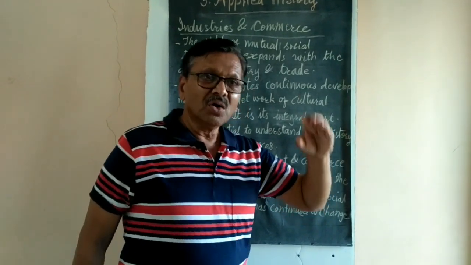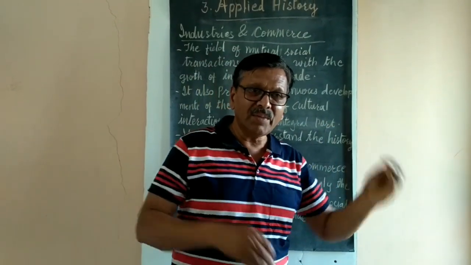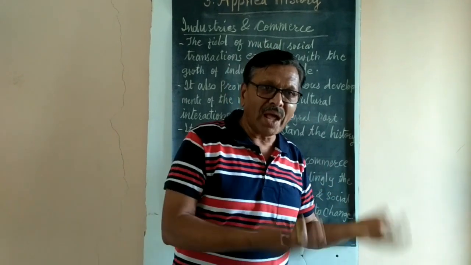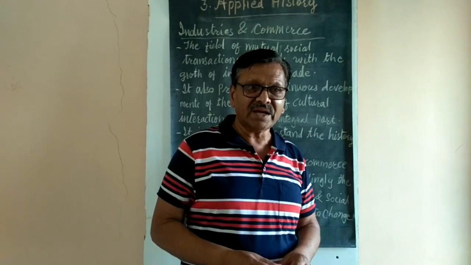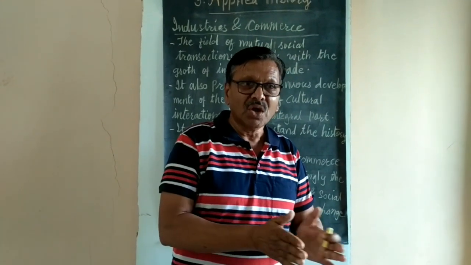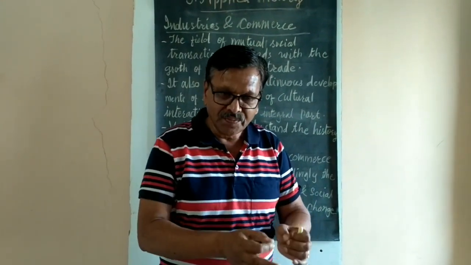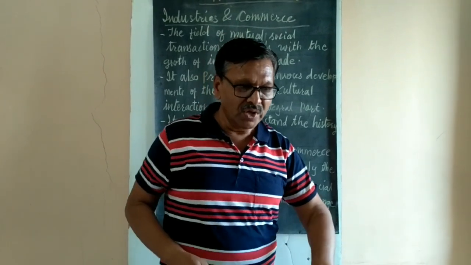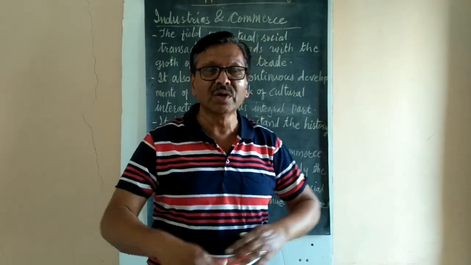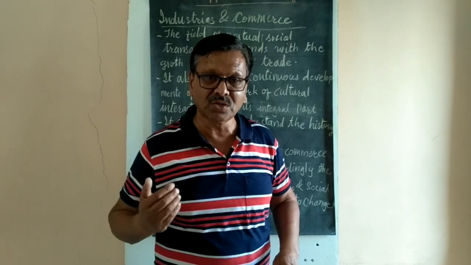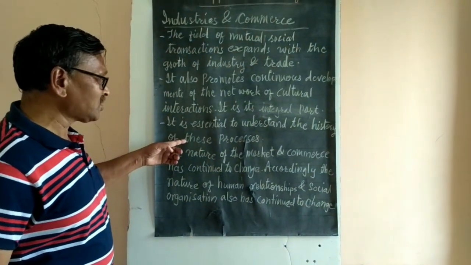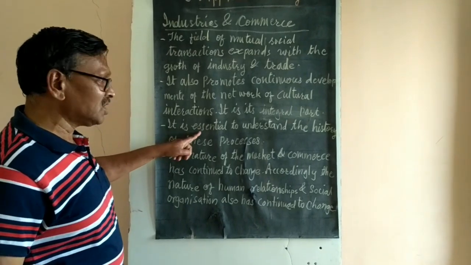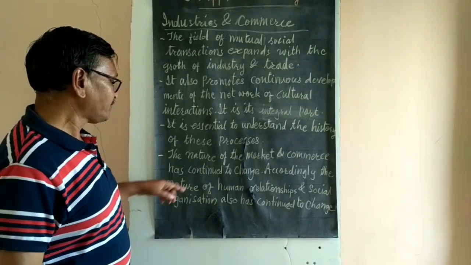How the coin came into existence, which kings started giving the order that you don't have to exchange goods versus goods, but you give the coins and in return you give the goods. It is essential to understand its history.